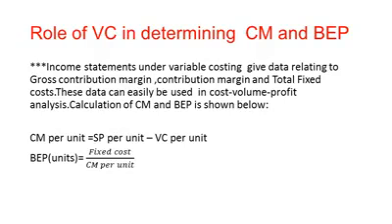So the calculation can be shown below. Contribution margin per unit equals selling price per unit minus variable cost per unit. And break-even point in terms of units will be fixed cost divided by contribution margin per unit.